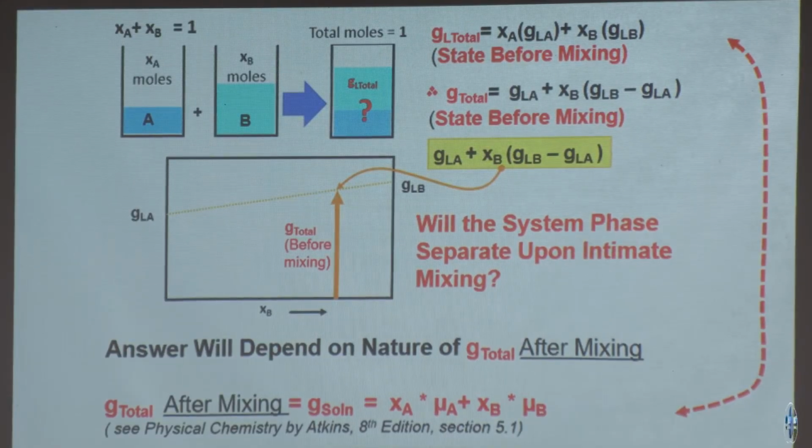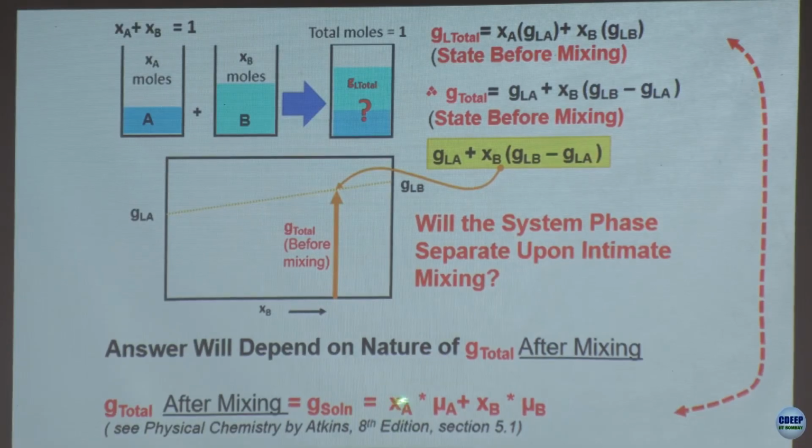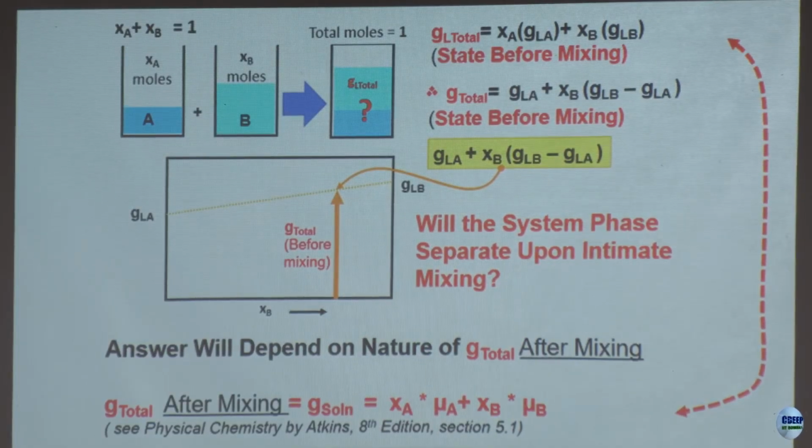Now after mixing, G total, which is the G solution, is going to be the mole fraction of A multiplied by the chemical potential of A plus the mole fraction of B multiplied by the chemical potential of B. Physical chemistry by Atkins will actually show you this.